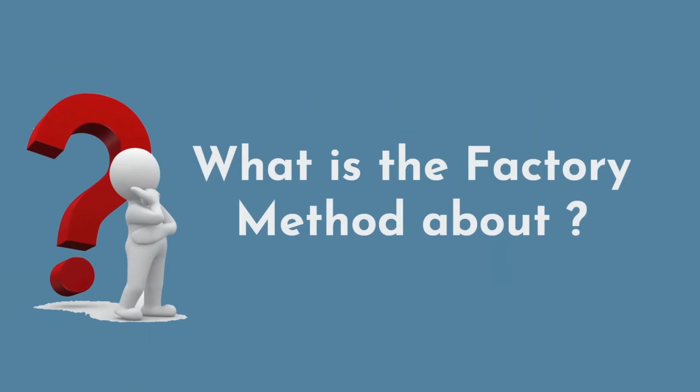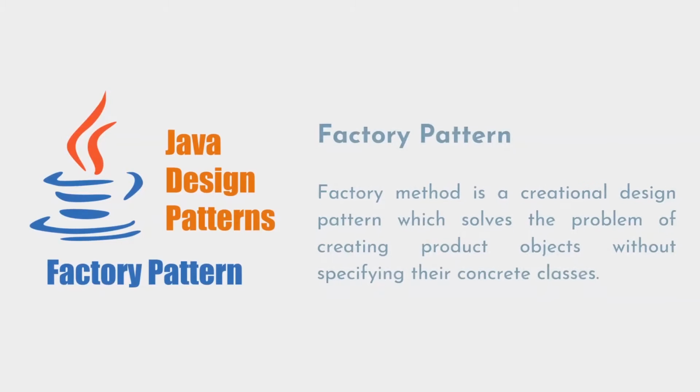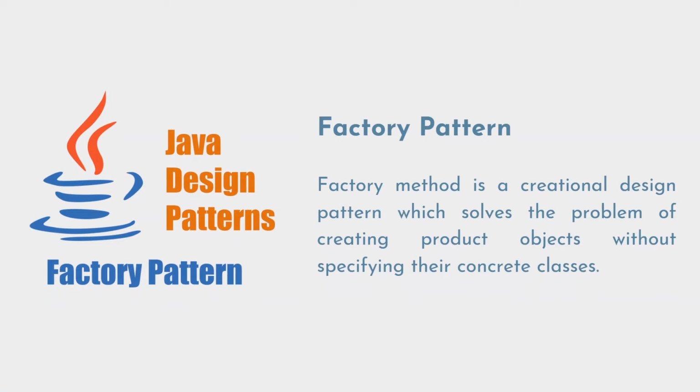Okay, what is the factory method about? This is the first topic that we will talk about. The factory method is a creational design pattern which solves the problem of creating product objects without specifying their concrete classes.